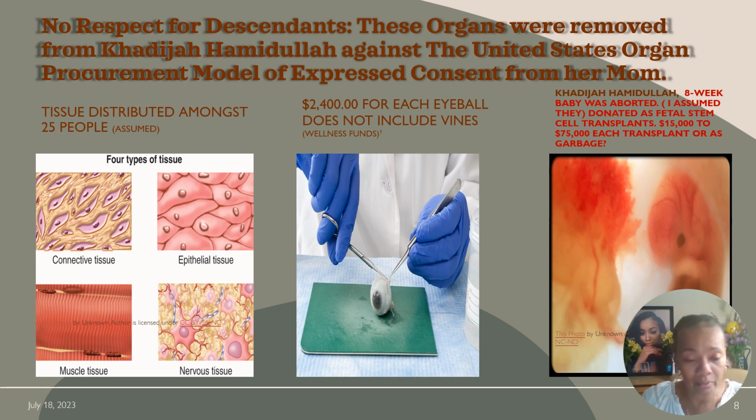Now, I don't know what they do with it, but I think you should ask before you go taking stuff that doesn't belong to you. Her eyes, okay? You guys can read that.